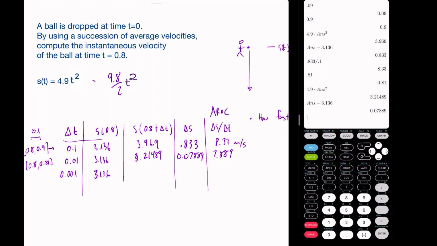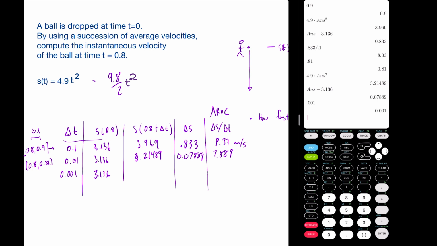Now I can speed up this calculation by using the ANS trick, but just kind of combine these three steps right here. First, I'm going to enter my delta T value, 0.001. And now ANS is my delta T value.